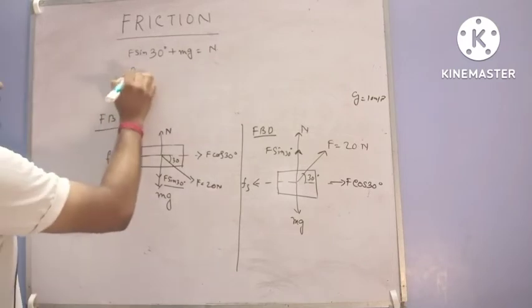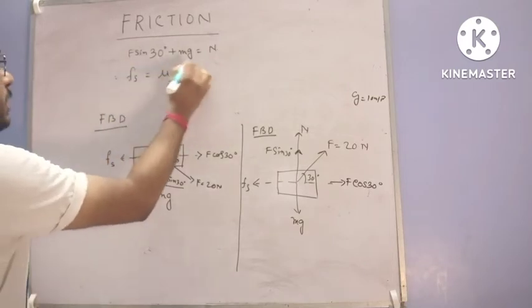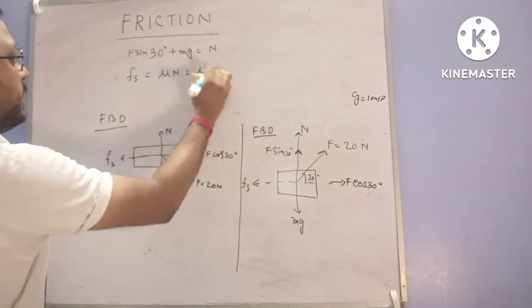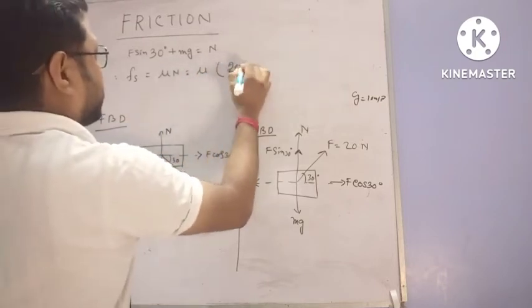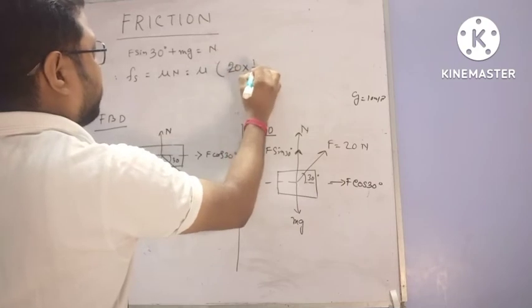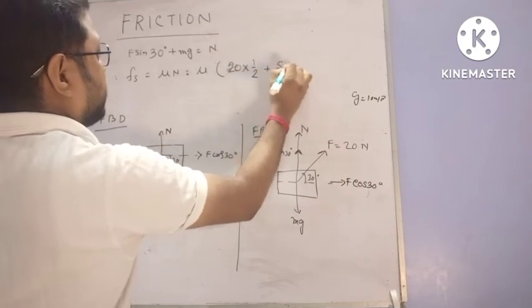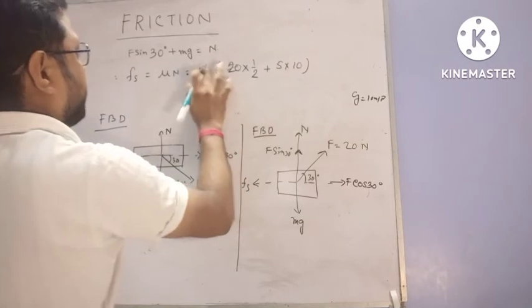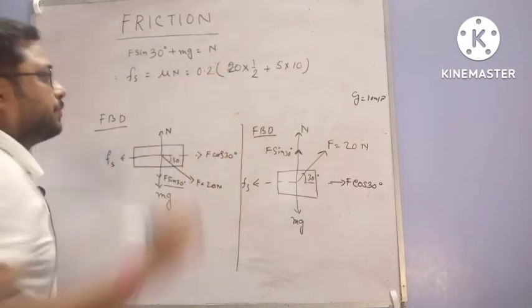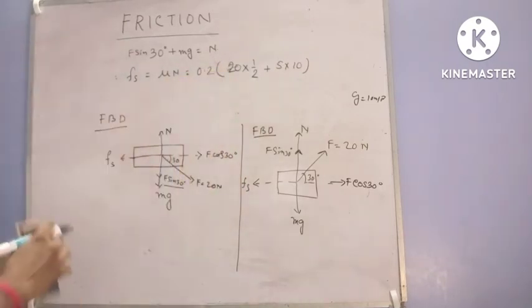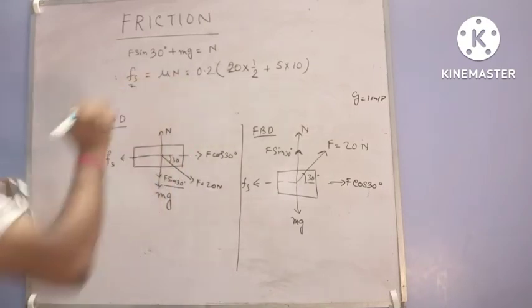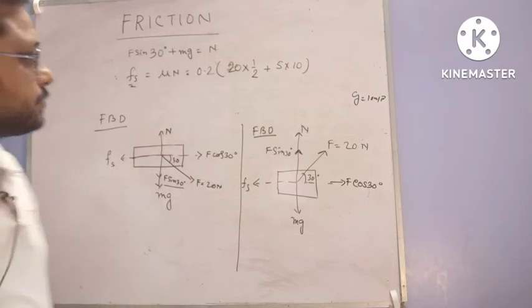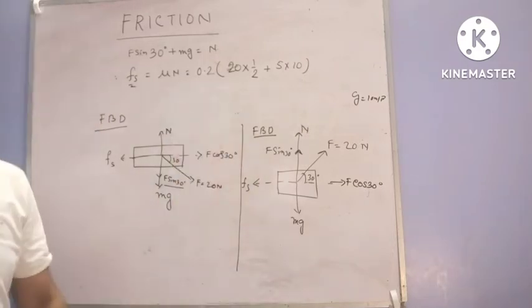and the frictional force Fs is equal to mu into N, that is mu into F, means 20 into sin 30, means half, plus m means 5, g 10, and mu is given 0.2. So this is the value of the frictional force Fs.